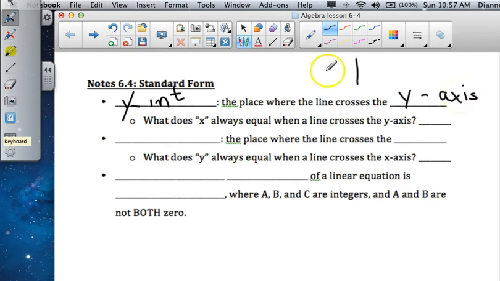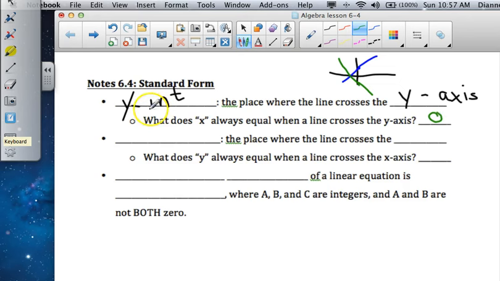And if you think about it, every line, when you draw lines where they cross the y-axis, I want to know what my x value is. So what does x always equal when the line crosses this y-axis? And hopefully you said 0.